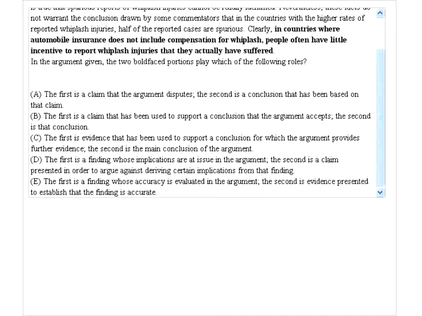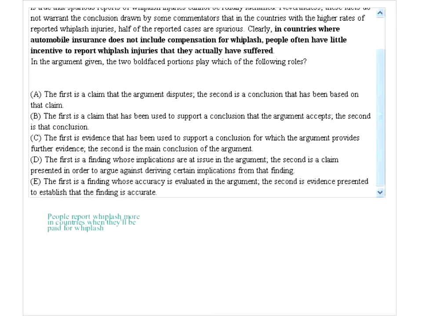So basically the first finding, you don't have to be super quantitative with it, just say people report whiplash more in countries where they'll be paid for whiplash.